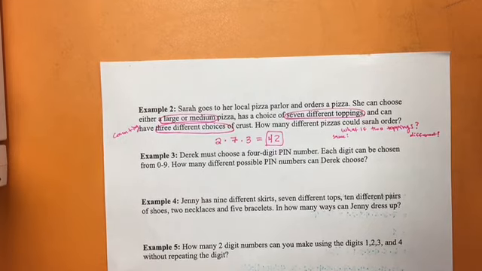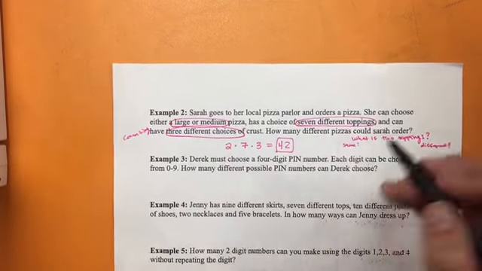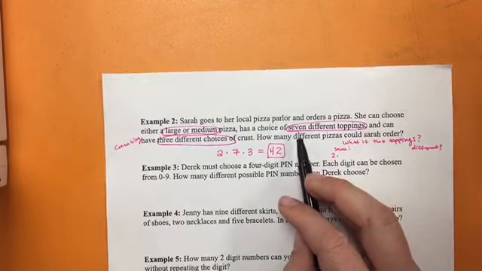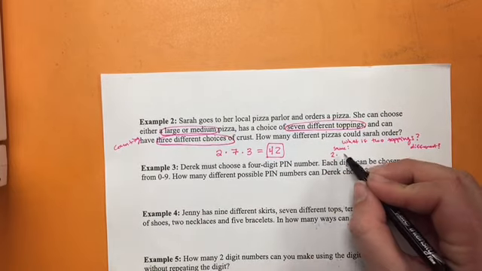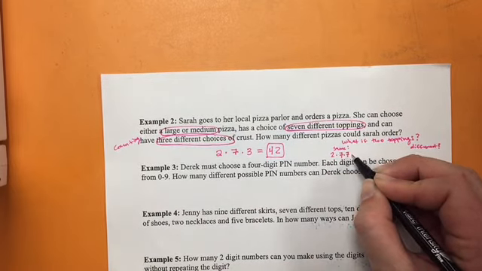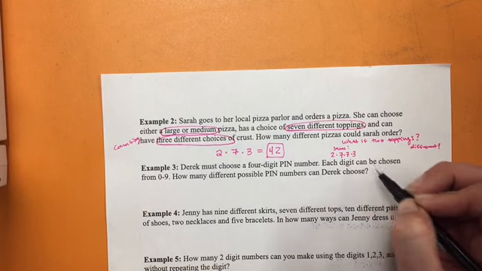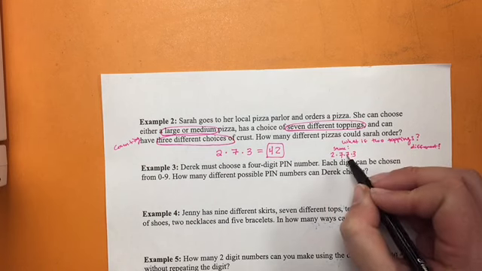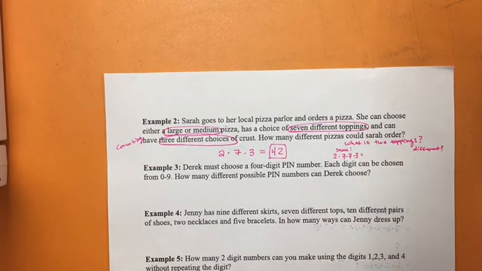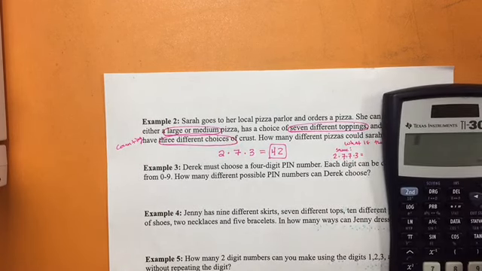I'm going to show you. So I could have 2 sizes. If I could have 2 of the same toppings, it'd be 7 times 7 times 3, if it was being counted as using the same topping again.